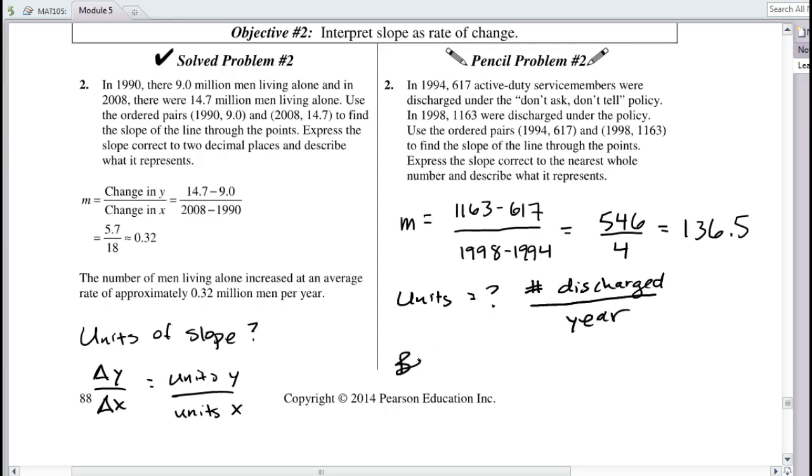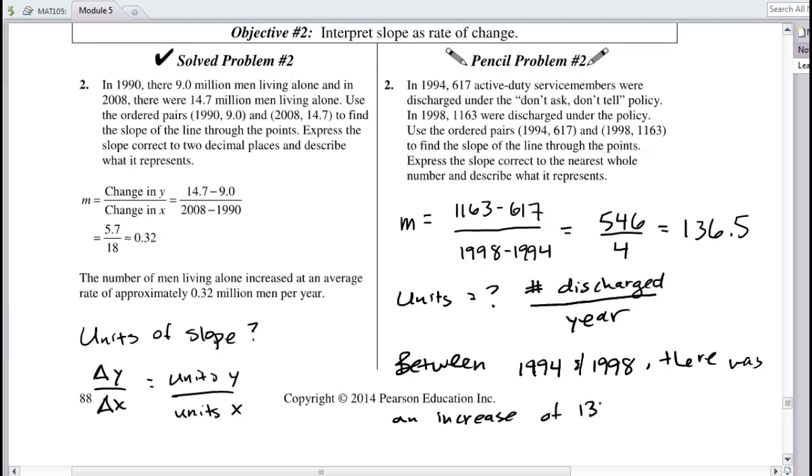So between 1994 and 1998, there was an increase of 136.5 service members discharged per year.